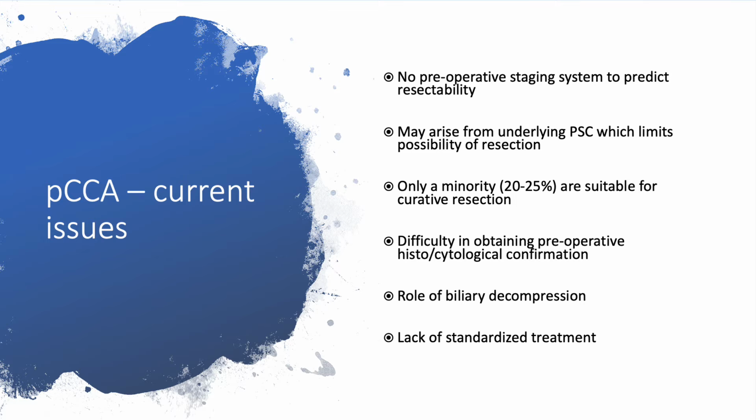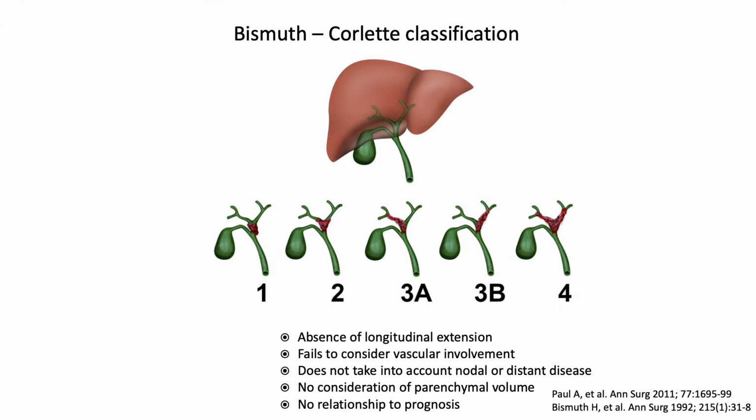So how does one stage hilar cholangiocarcinoma? The classification that is best known would be the Bismuth and later modified by Corlette staging system. Essentially, it is an anatomical description of where the tumour arises within the hilum.